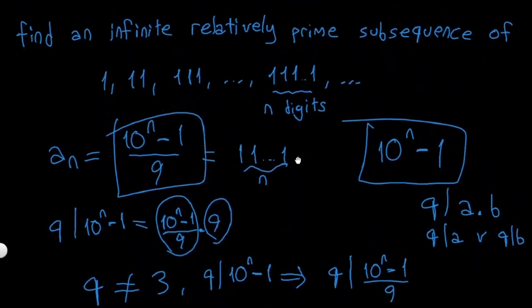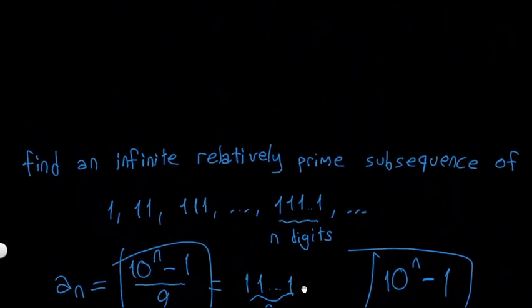So again, let's try to formulate what relatively prime means. If a and b are relatively prime, this means their GCD is 1, which means some prime numbers would divide a, some prime numbers would divide b, but they won't be common.